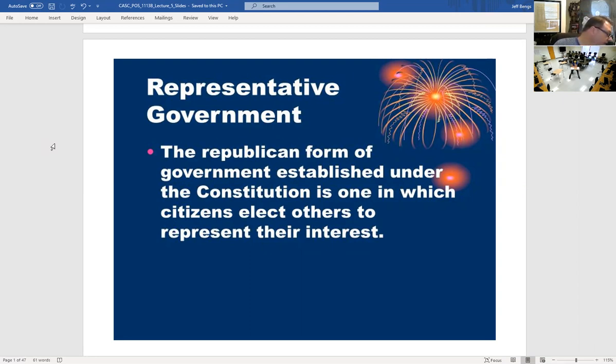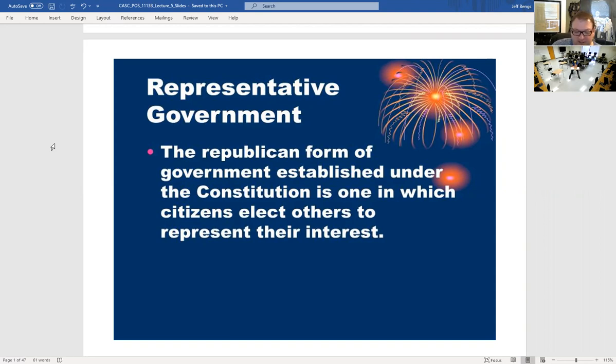But on the other hand, if you have some restrictions on the people, the majority, that is in a sense a denial of its right to govern the society as they see fit. So representative government keeps there from being a pure democracy where the mob will rule.